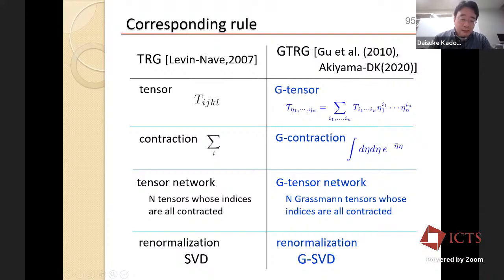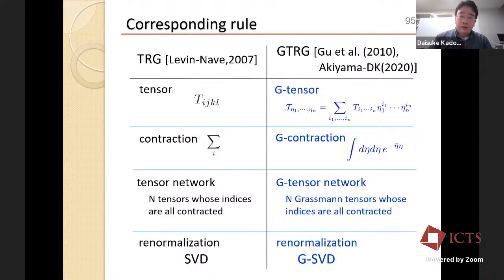And the tensor network is defined as a product of n tensors whose indices are all contracted. This is the definition of a tensor network for regular tensors. And in the TRG method, the renormalization is carried out with the singular value decomposition of tensors.